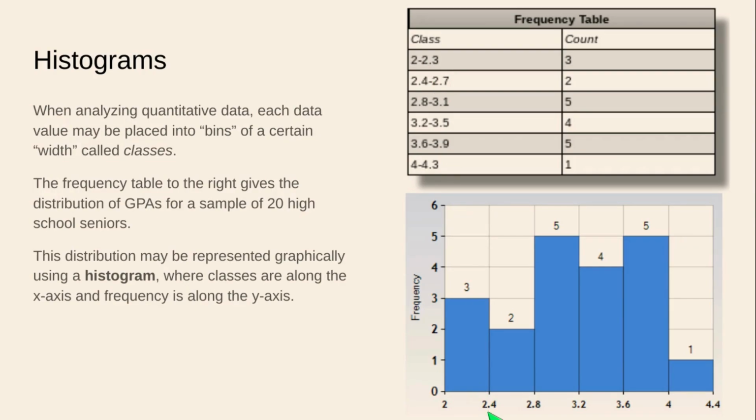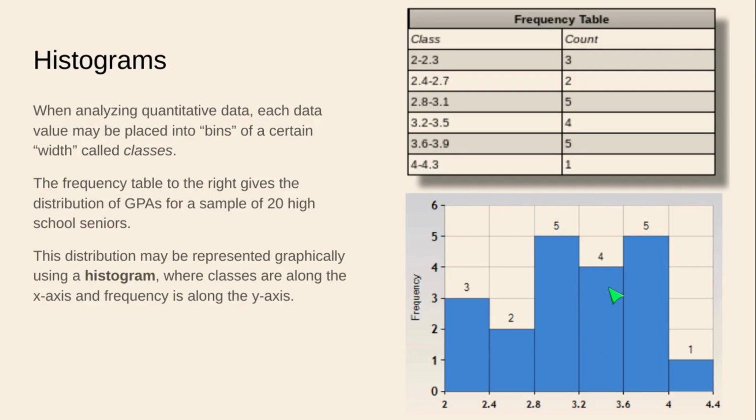Well, that is the lower extremity of the second class, all right? 2.4 to 2.7. All right, so 2.8 is not included in this bar, just like 2.4 is not included in this bar, okay? So if we had a data value of 2.8, it would go in this bar. But if we had a data value of 3.2, it would go in this bar, all right?